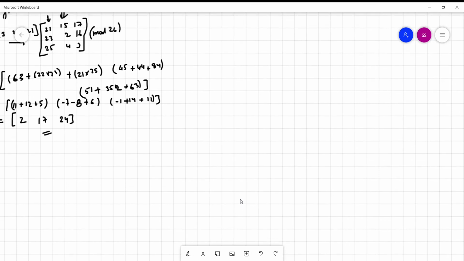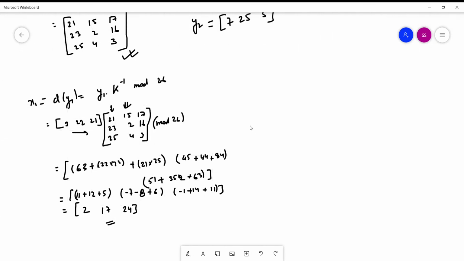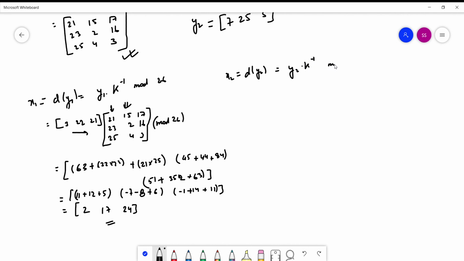If you solve for x2, similarly you can do that. So let me try that also. x2 is decryption of y2, which is y2 into k inverse mod 26.